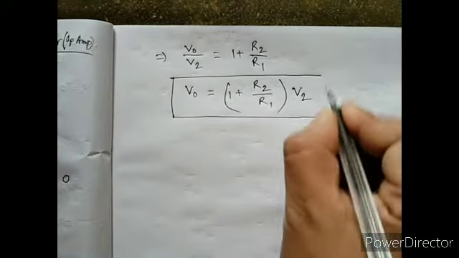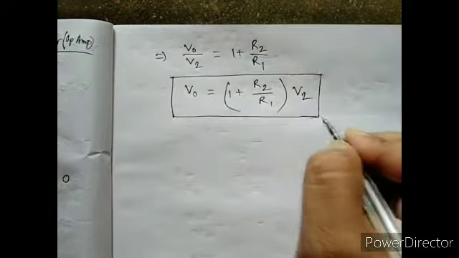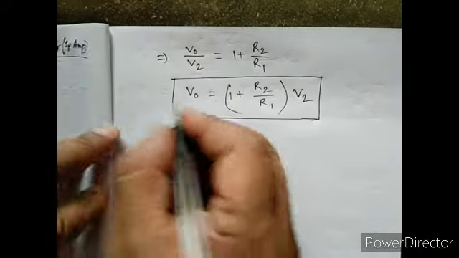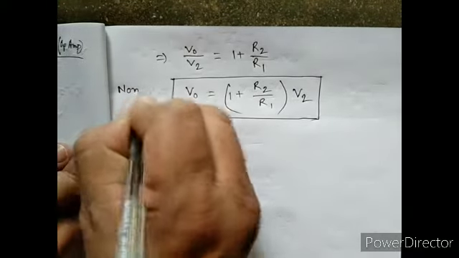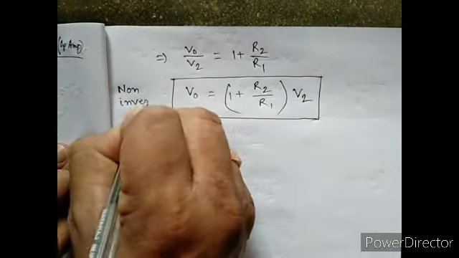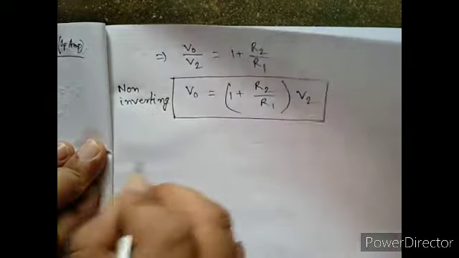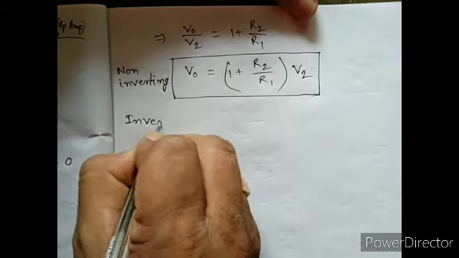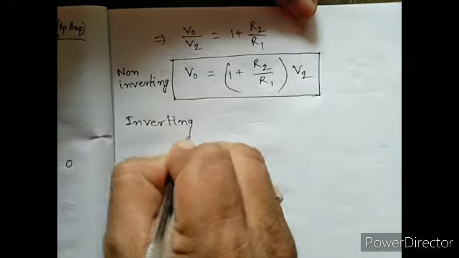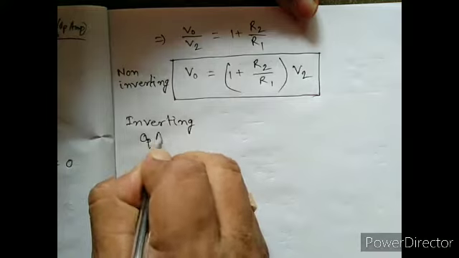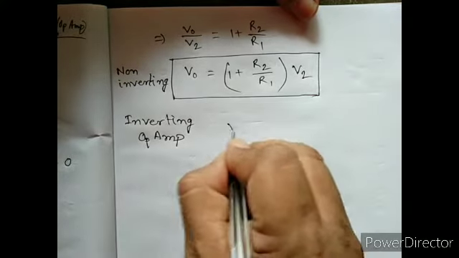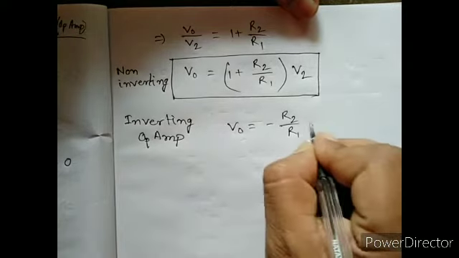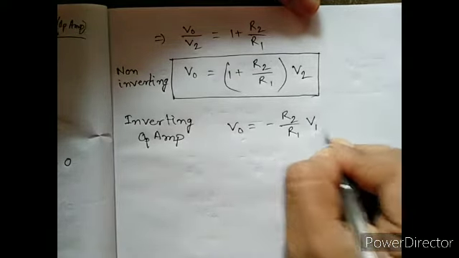So, if we compare the inverting and non-inverting amplifiers, in the inverting operational amplifier we have seen V0 equals minus R2 by R1 into the input voltage.